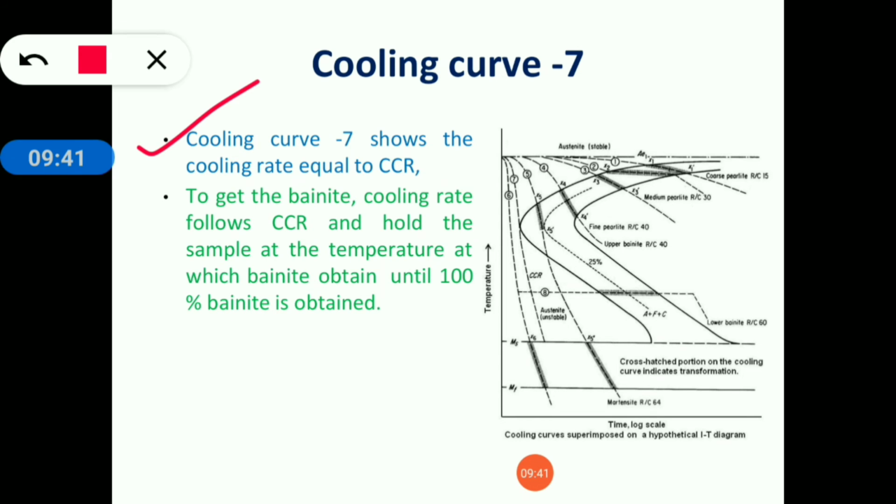So cooling curve 7 shows the cooling rate equal to CCR. So to get bainite, the cooling rate follows the CCR and we hold the sample at the temperature at which bainite is obtained until 100% bainite is obtained, and then it will cool down.